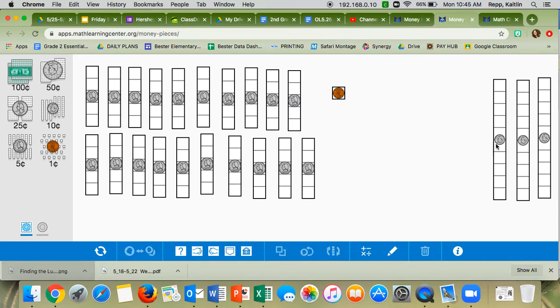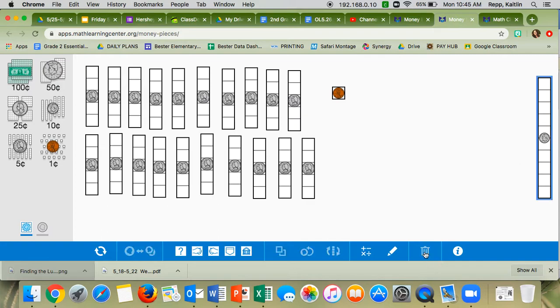Another thing that I want you to remember before doing your word problems is a little bit about measurement.